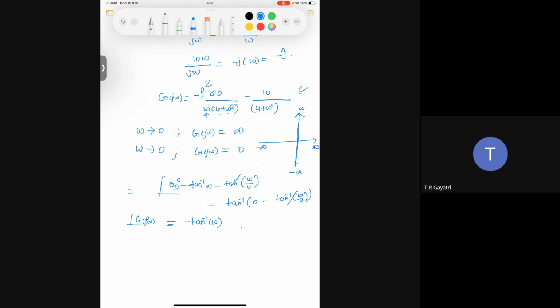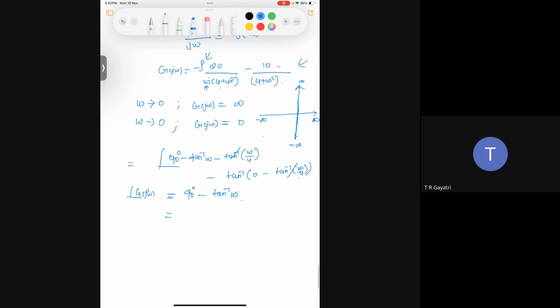This will be tan inverse of omega by 4. And here it is 0 because of the constant. Here it is tan inverse of omega by 4. Any mistakes I made here? It's right, right? So this will give me 90 minus tan inverse of omega.